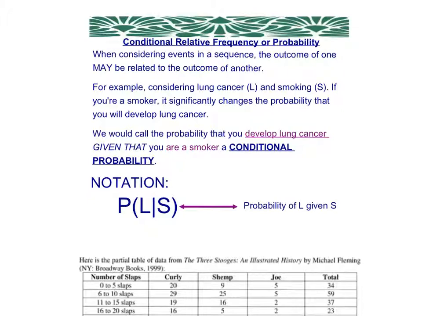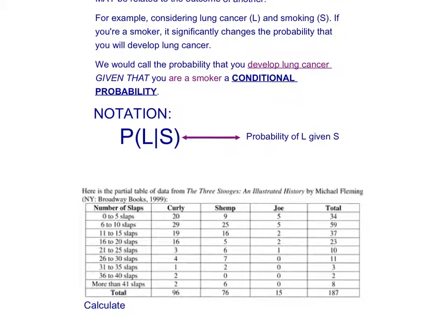Okay, next we're going to talk about conditional relative frequency, or probability. When considering events in a sequence, the outcome of one may be related to the outcome of another. For example, let's consider the event of getting lung cancer and the event of smoking, or being a smoker. If you're a smoker, it significantly changes the probability that you will develop lung cancer. I think we can all agree that these are going to be dependent events.